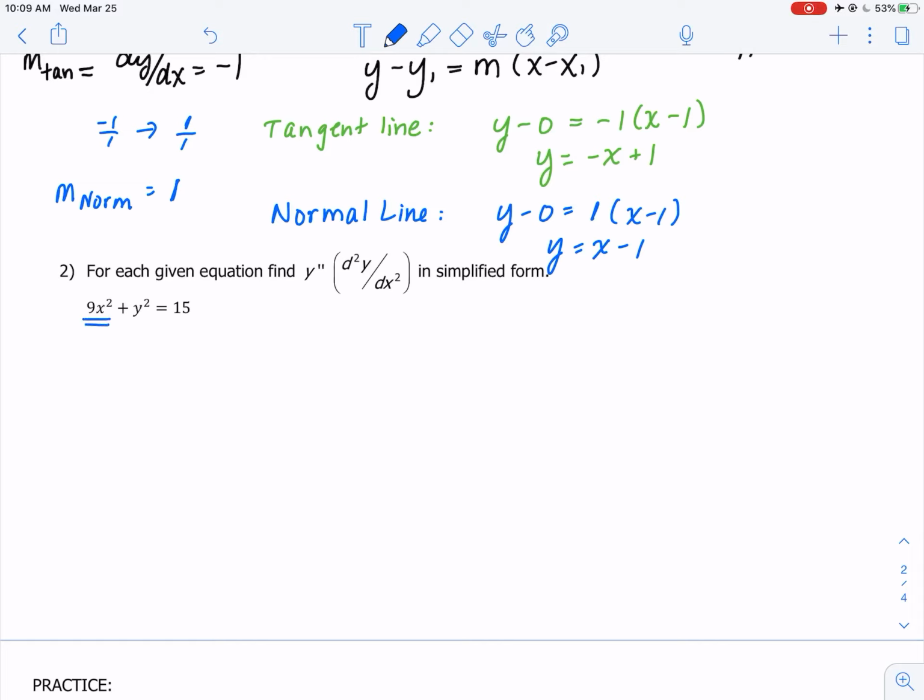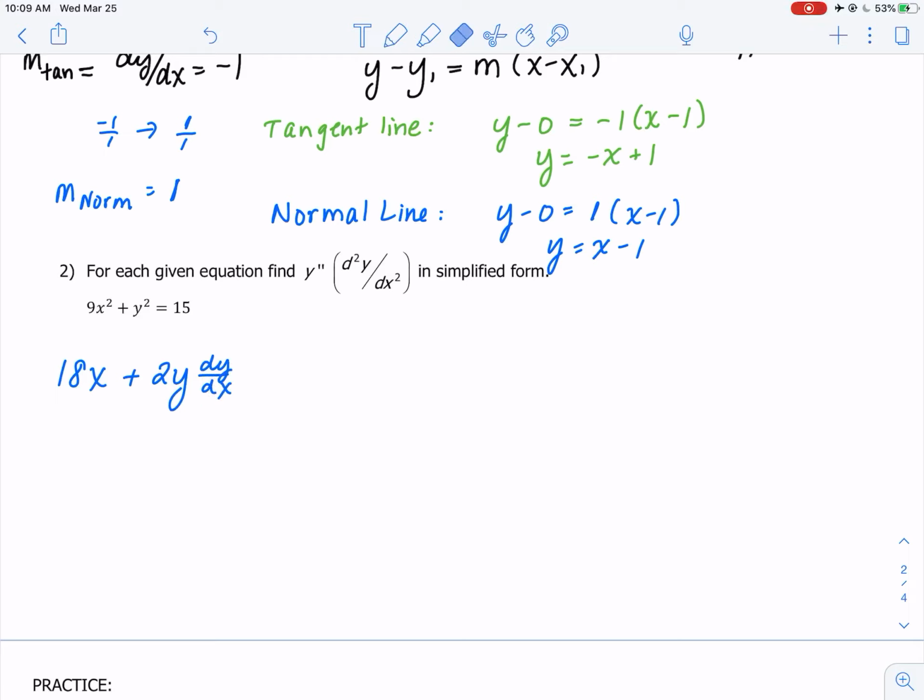We look at the first term and we see that there's only one variable in that term. So if I take the derivative of that, that will just be 18x. When I move on to the next term with y squared, that's going to be plus 2y. Don't forget your chain rule, dy dx.